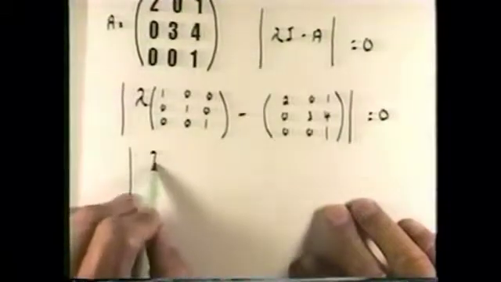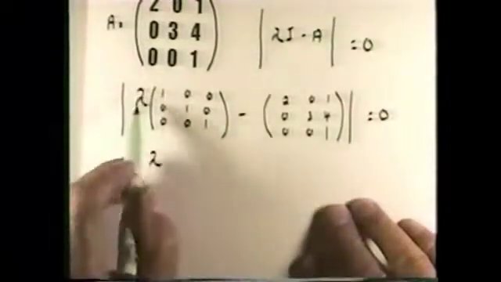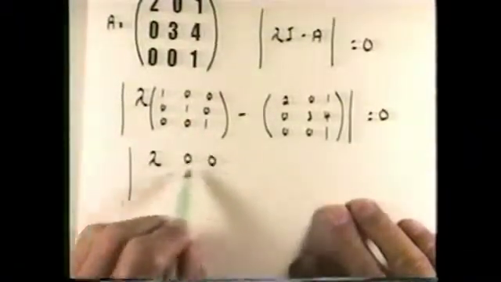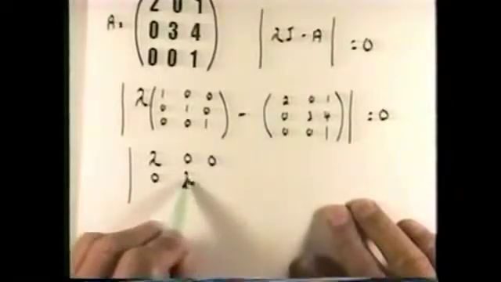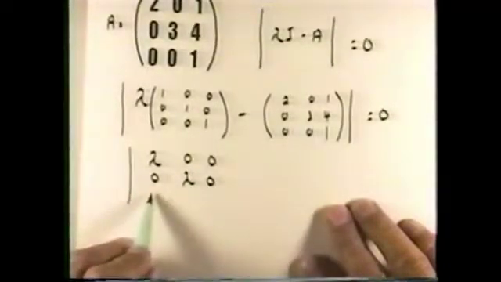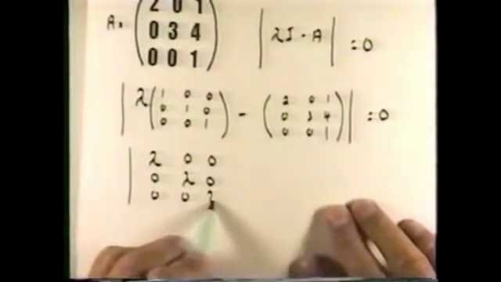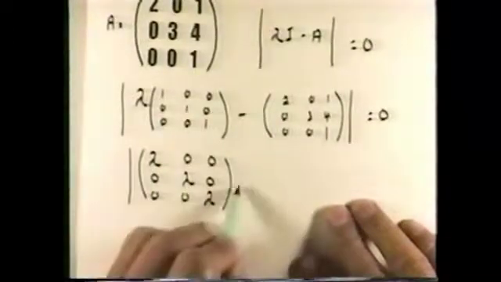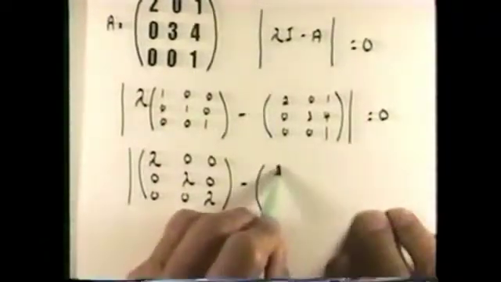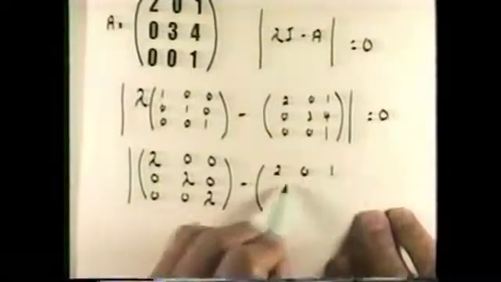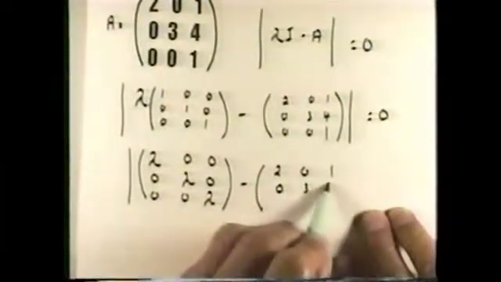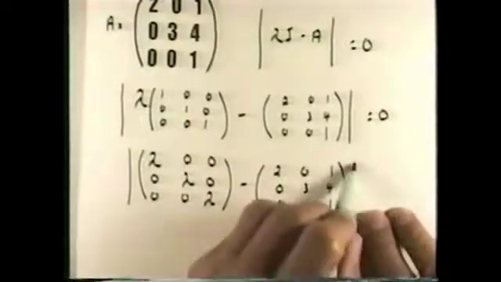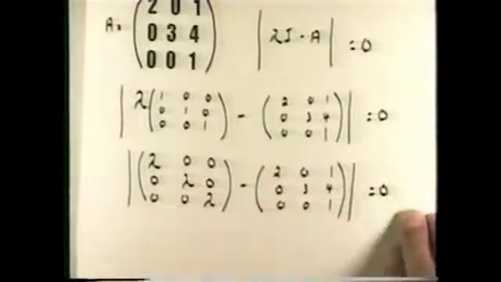Well, this is going to be lambda, because I multiply the scalar by each of the entries in the matrix. Lambda, 0, 0, 0, lambda, 0, 0, 0, lambda, minus the A, 2, 0, 1, 0, 3, 4, 0, 0, 1. It's still equal to 0.